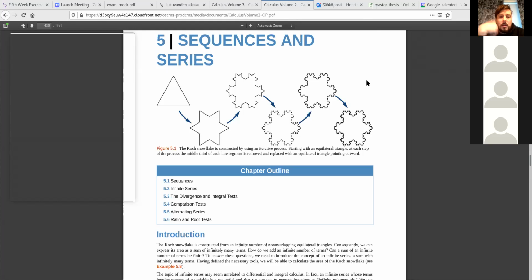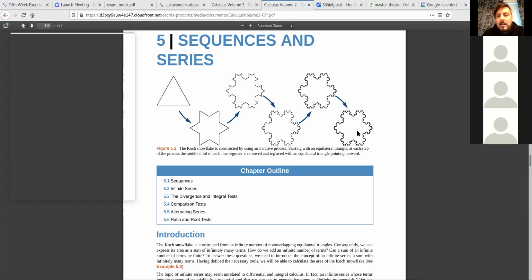The Koch snowflake is a bit of a weird construction, and we're not going to talk about it in depth, but it's a nice concept in the sense that it has a finite area, because the whole thing will always fit inside a certain polygon that you can draw over it, and it never protrudes outside.